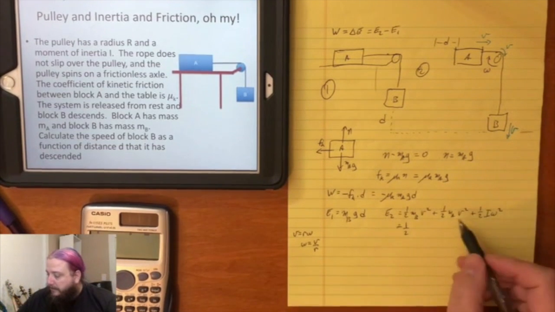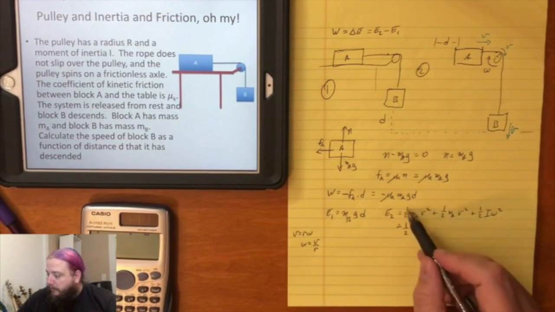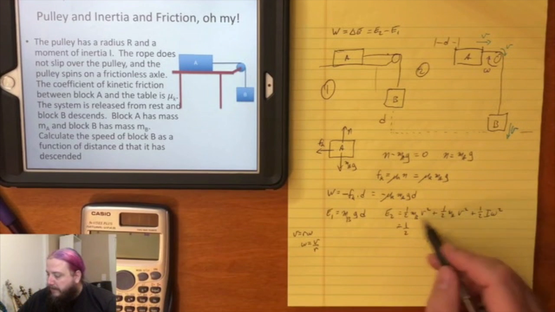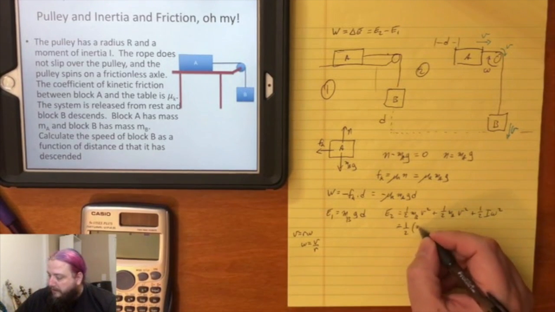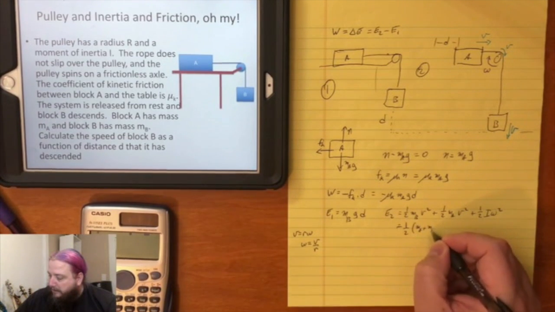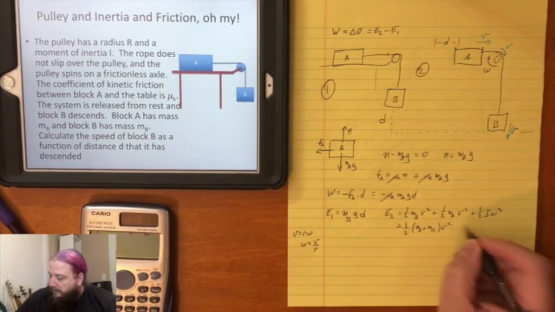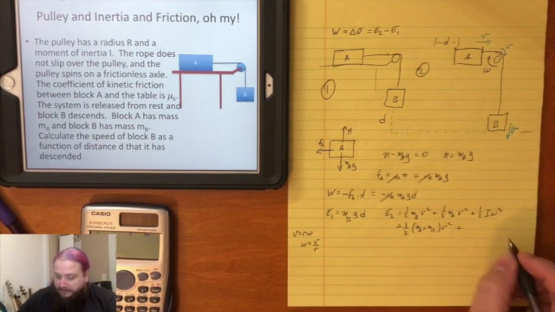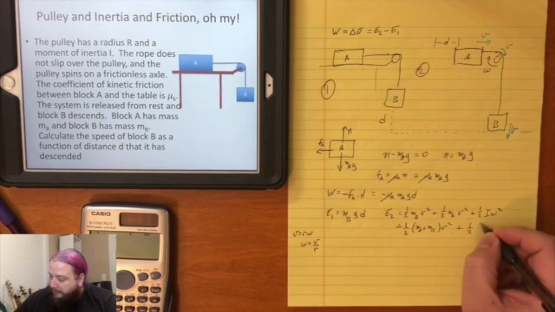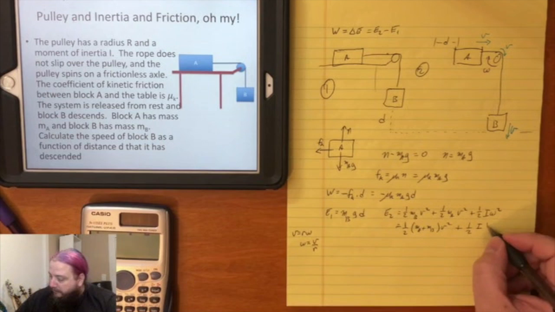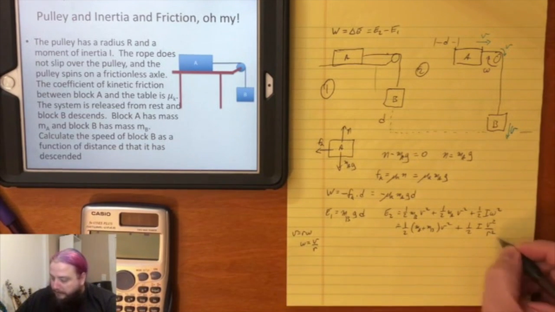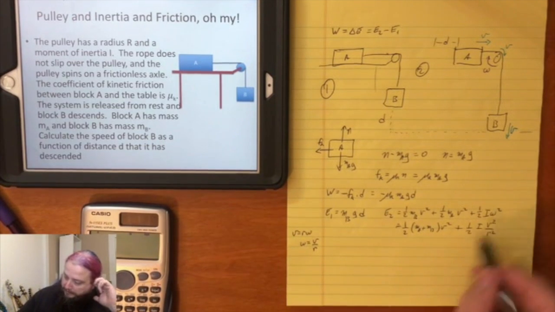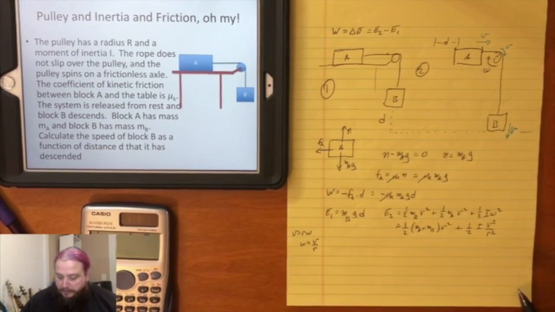They're both 1/2 V squared. We're going to have MA and MB in the middle, so this is MA plus MB times V squared. So we've combined those first two terms into a single term, plus now 1/2 I times V squared over R squared, where we've replaced omega here with V over R.